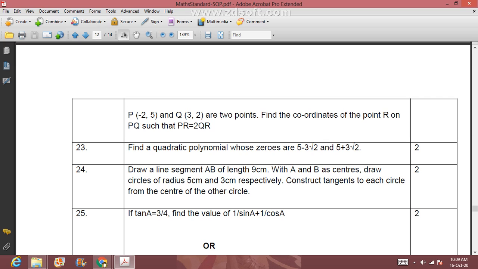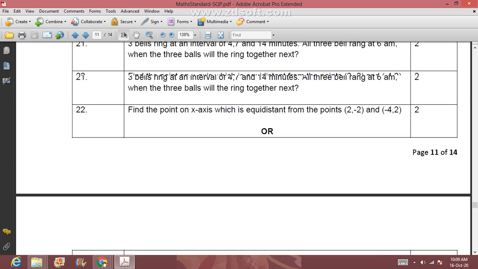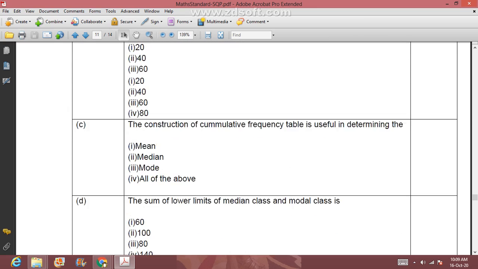For standard I am sending a separate one, and for basic I am sending a separate one. Till this, if you are having problems, just ask me. Otherwise we will conclude the session. Post session I am sending the PDF of the new sample paper.